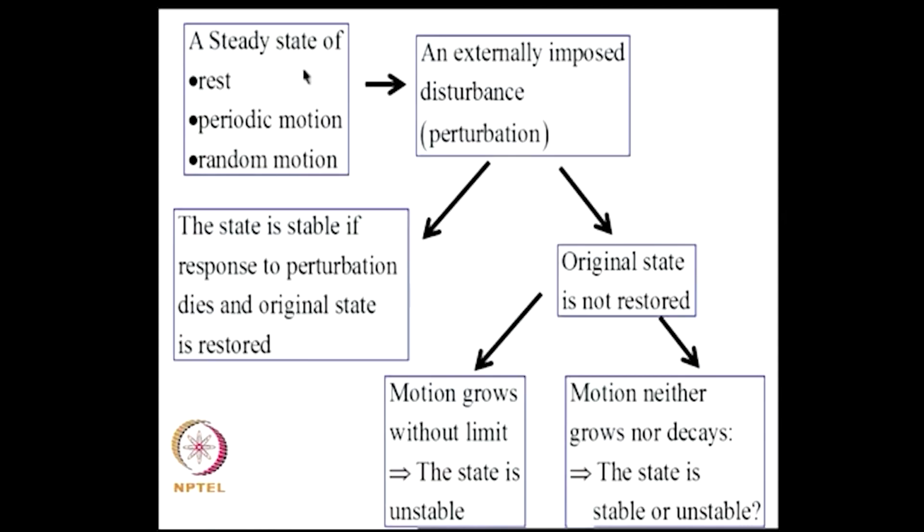We say that this steady state is stable if the response to perturbation dies and the original state is restored. If the original state is not restored, there are two possibilities. If the motion grows without limit, then we say that this state is unstable. But if motion neither grows nor decays, then the state may be stable or unstable. This question remains unresolved, and we have to go back and see.